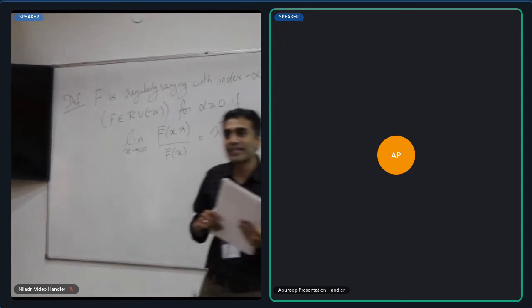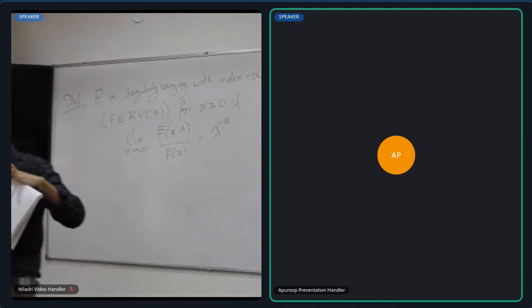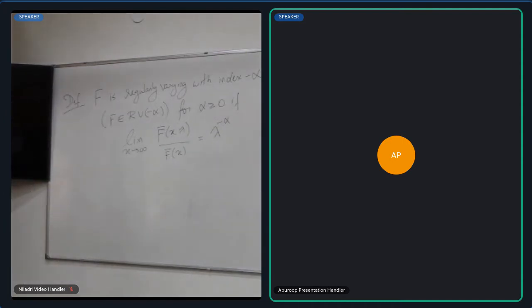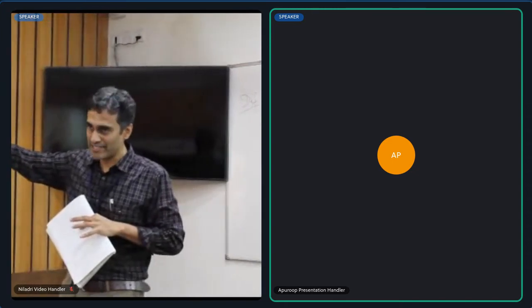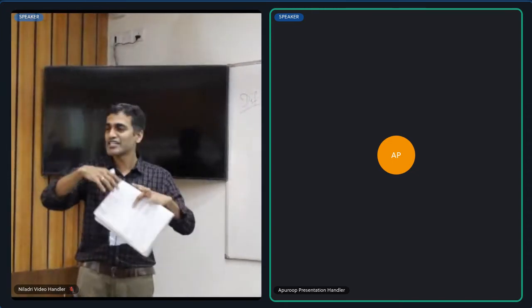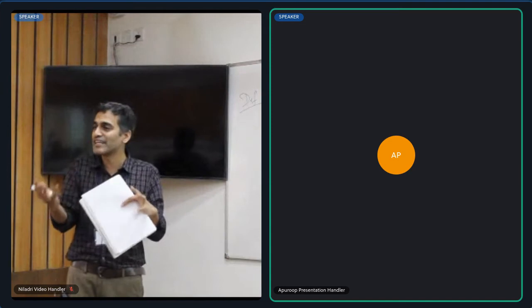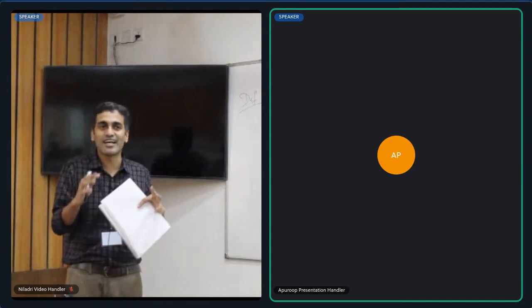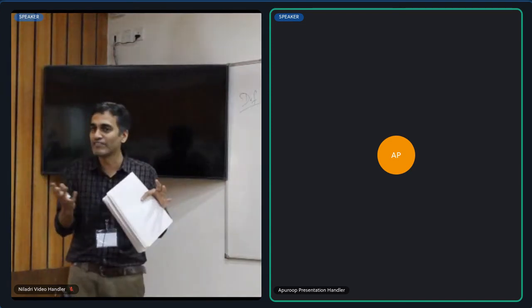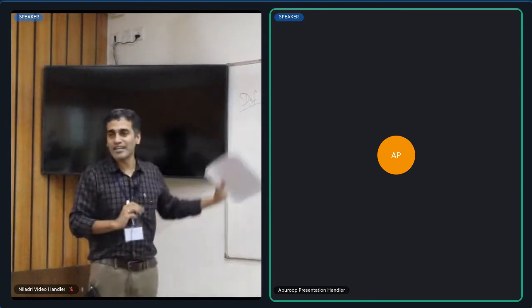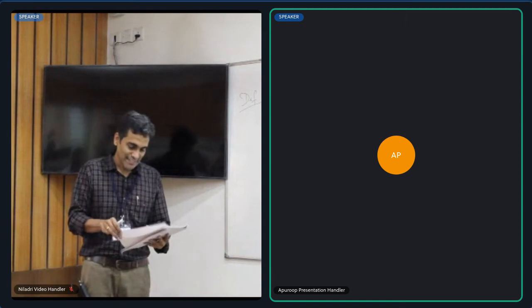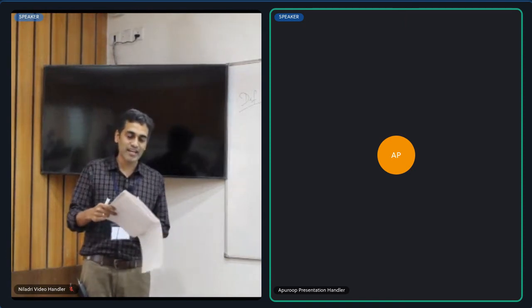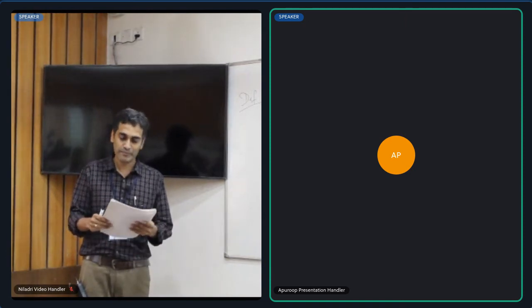So asymptotic scale invariance generalizes the notion of scale invariance from an exact property on the distribution body to an asymptotic property on the distribution tail. And that in turn, the class of distributions that satisfy that property expands from the class of what I would call pure power laws to the class of regularly varying distributions. Okay, so that is now the first class of distributions that we will study.